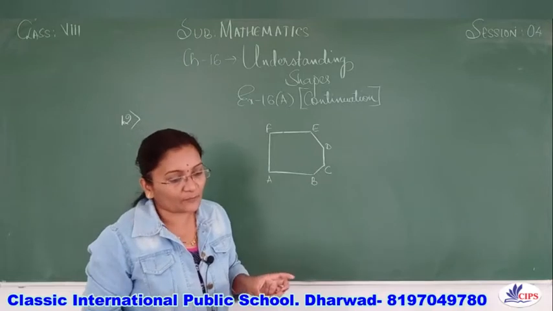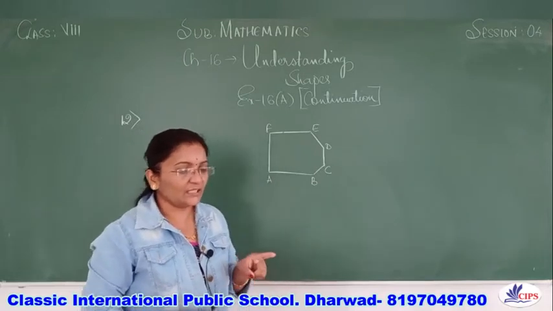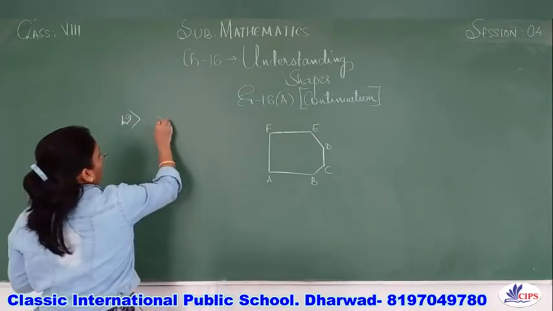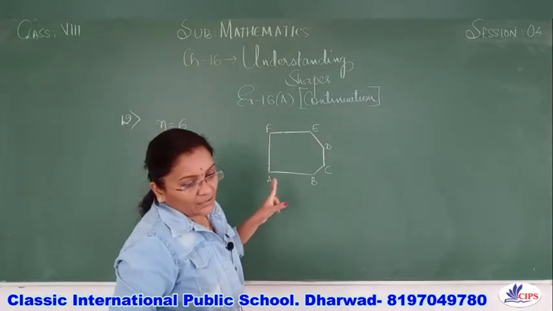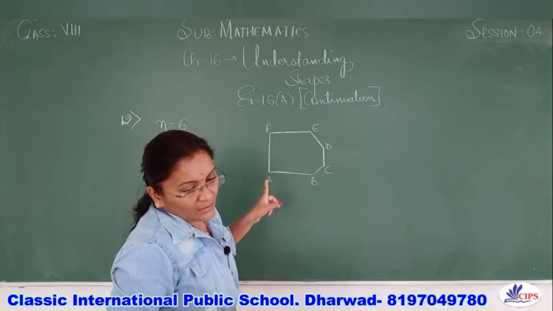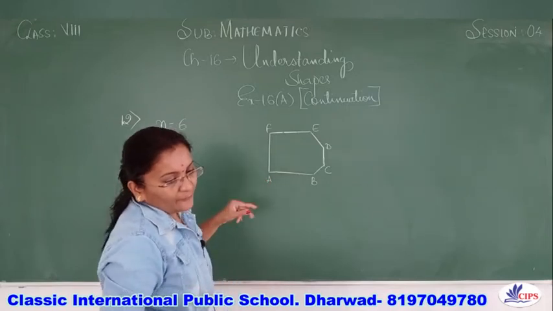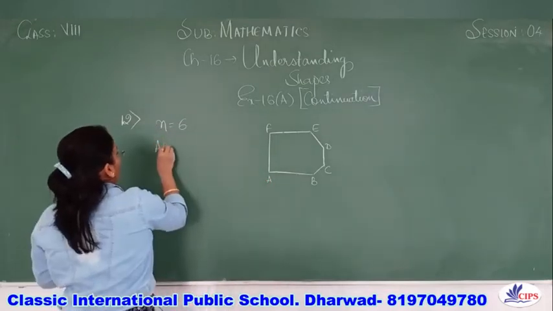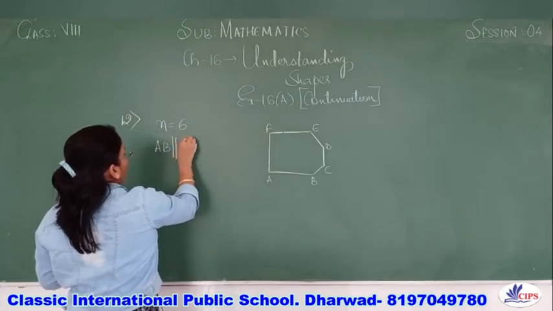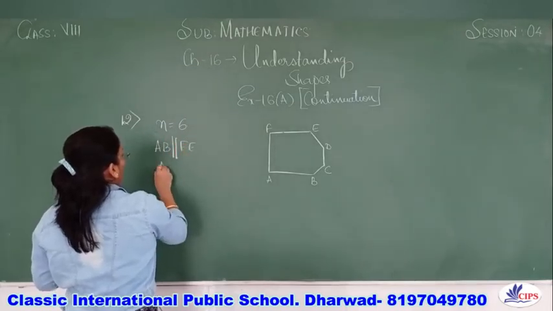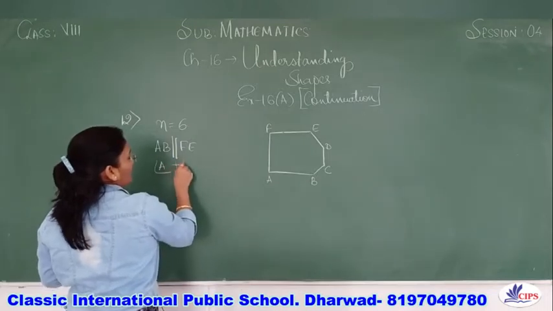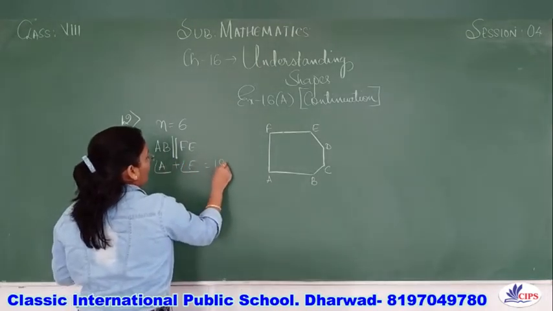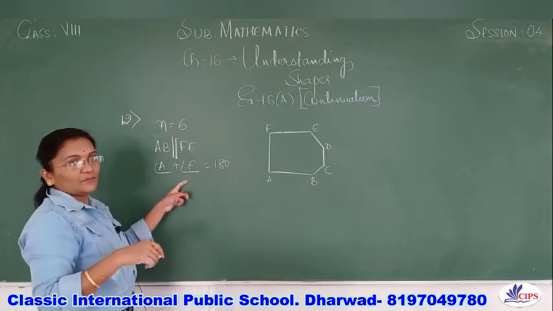So here first, as it is a hexagon, your n value will be 6. Now AB is parallel to side FE. So angle A plus angle F is equal to 180 degree. Got?